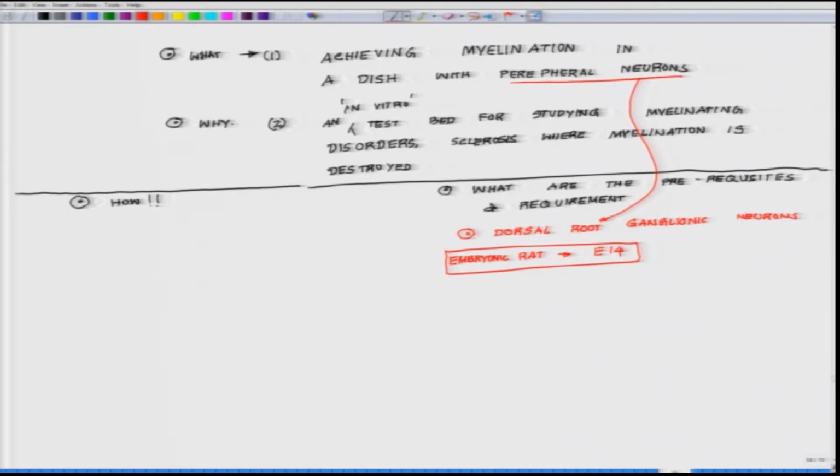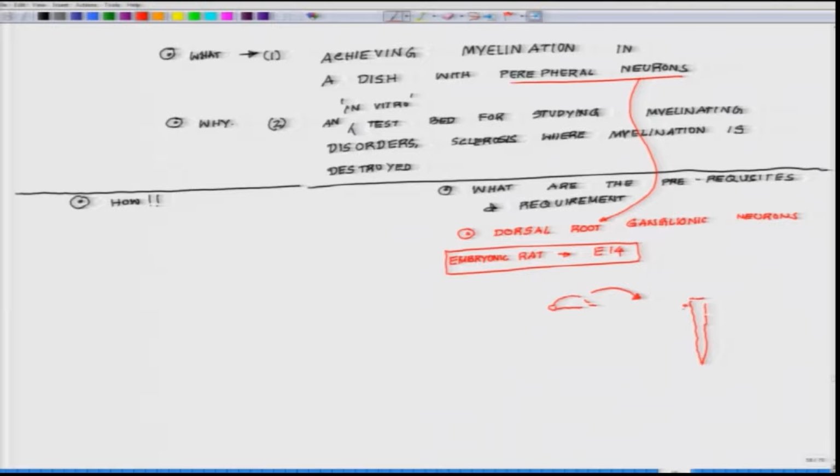Embryonic neuron E14. So, if you look at how you are going to isolate, there is a dissection challenge here. You are handling an embryo which will be very teeny tiny, something like this. First thing you have to do is isolate the spinal cord, and this has to be a microsurgery.